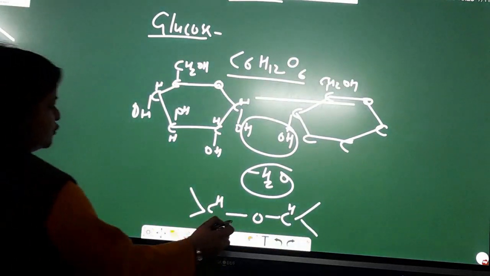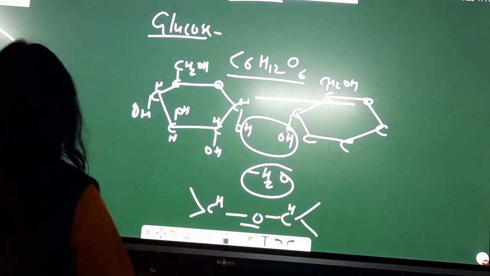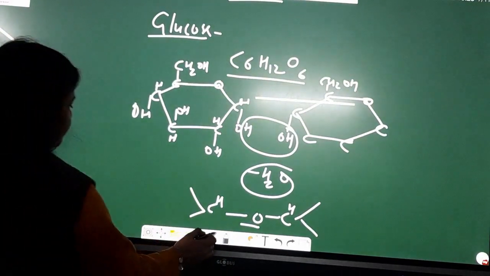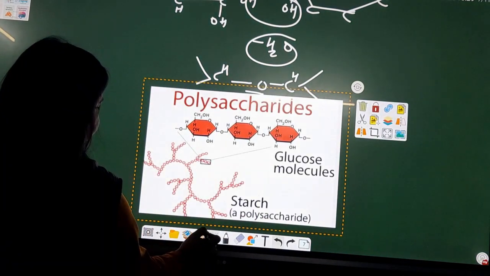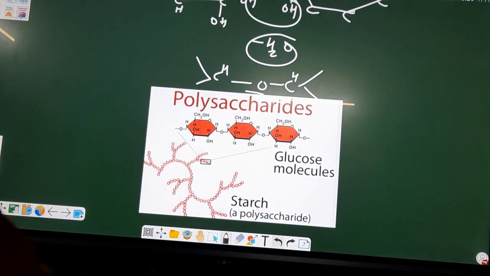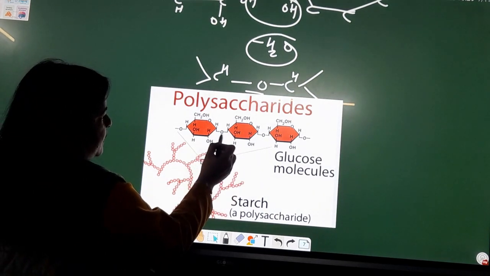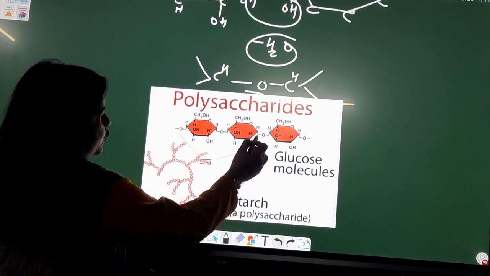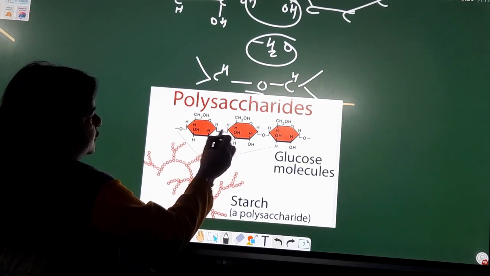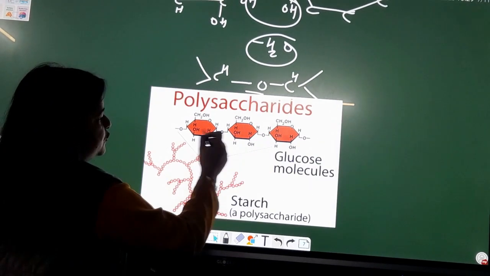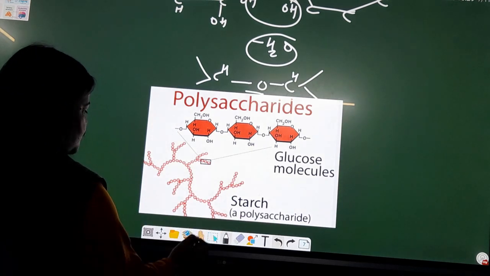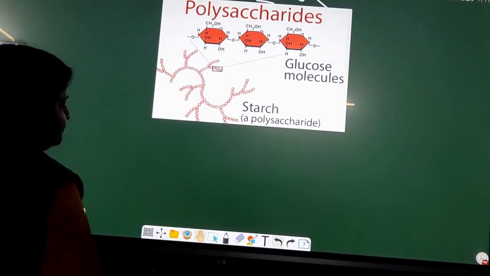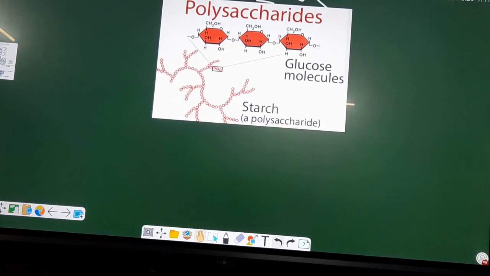Here the glucose molecules are joined with the help of glycosidic bonds by removing water. By removing water, two glucose units and more glucose units are connected and form a branched structure that is called starch, which is a polysaccharide. So, in this way, polysaccharides are formed.